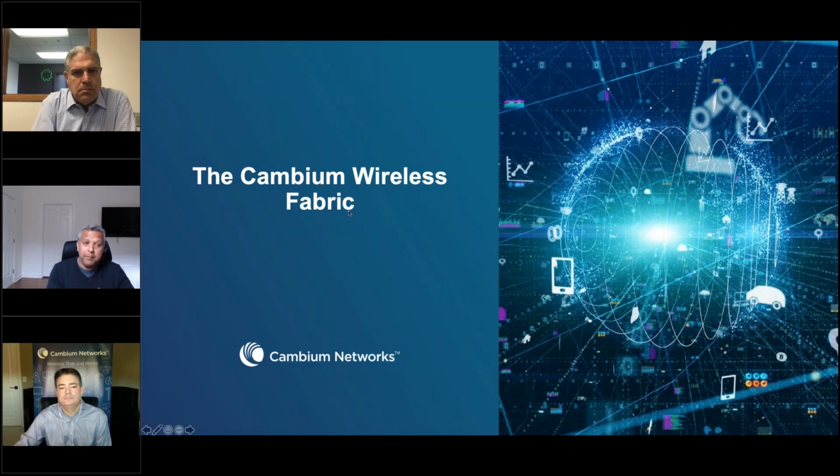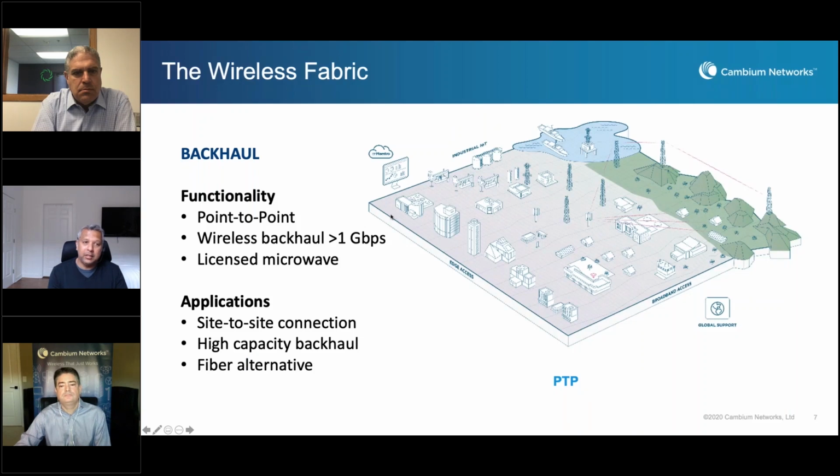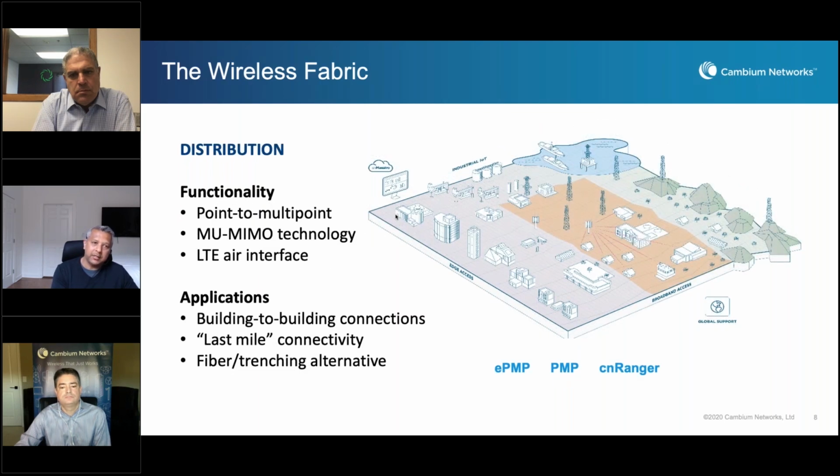Fortunately, at Cambium, we talk about wireless fabric. This is absolutely the right time and the right place for a company like ourselves to showcase all the options we can give you. Bruce will jump to these slides pretty quickly, but fundamentally, we have numerous options. Point to point, right? You want to build a link all by yourself, easy to do, different price ranges, different throughput, different requirements, but point to point is a very key component for site-to-site connection. I'll give you a little bit more detail on specific use cases.